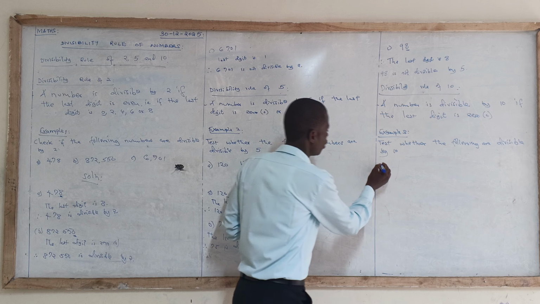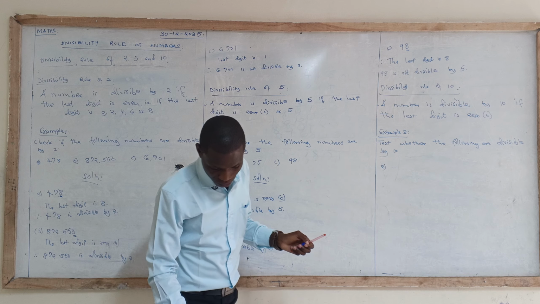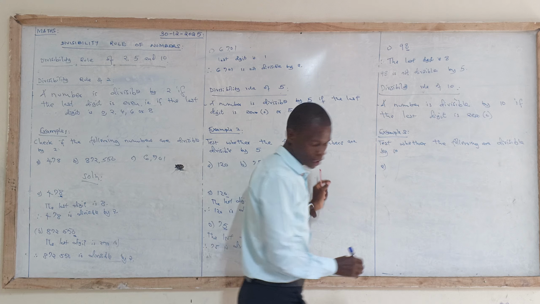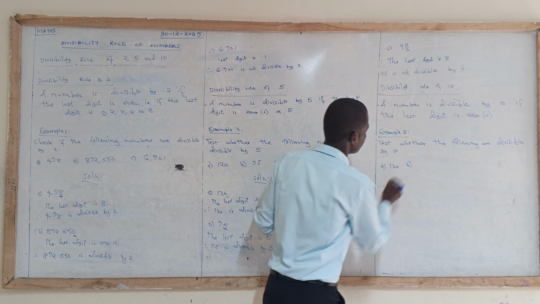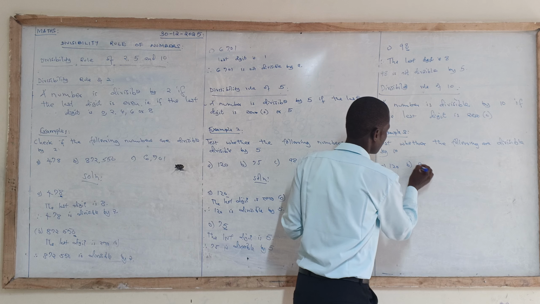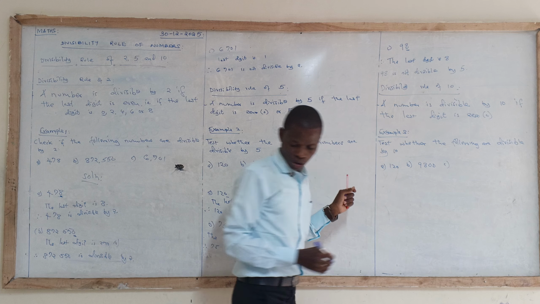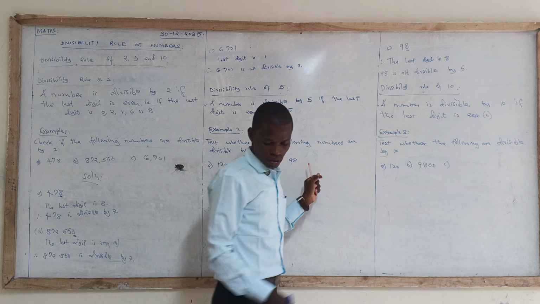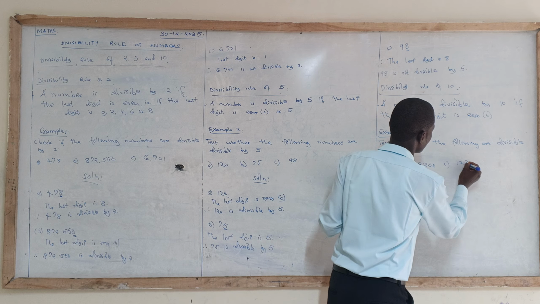So A, what do you have? 120. B, what do you have? 9,800. C, what do you have? 123.